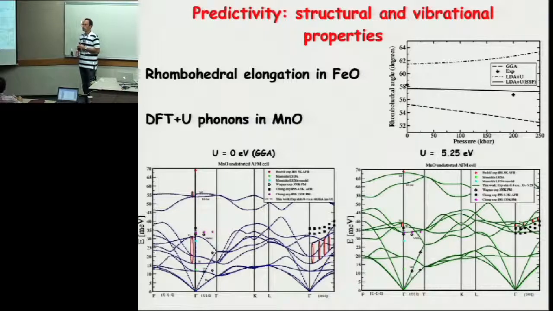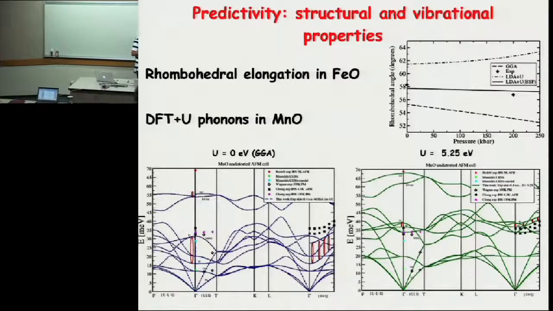If someone else uses the same technology but with a different U parameter, they will see different phonons. Yeah, that's why we compute it. We try to have a reference method to guess what the value for that parameter is.